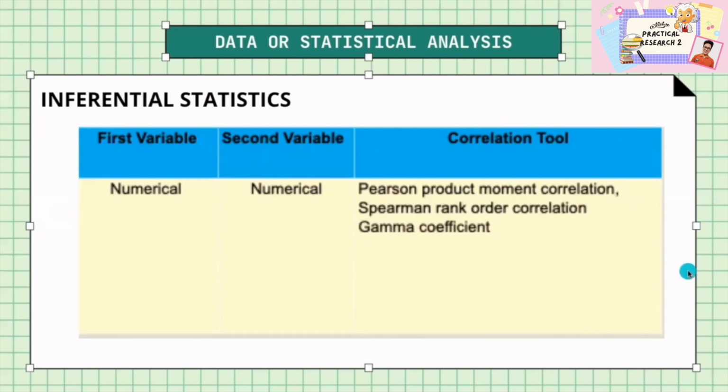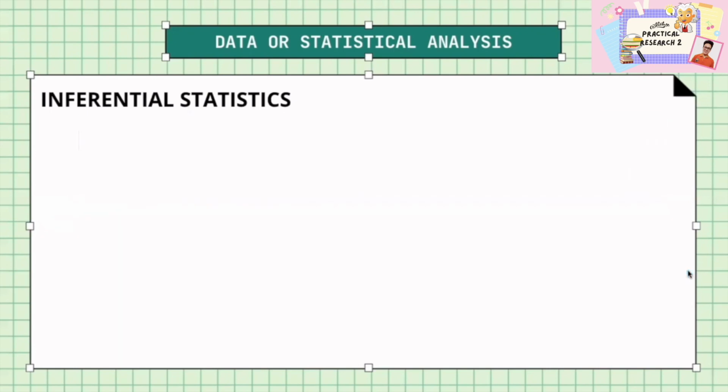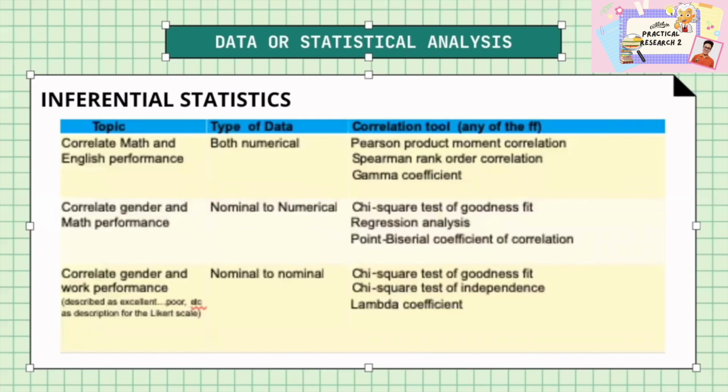For example, my topic is to correlate math and English performance. I'm talking about performance here, and that will be represented by test scores. Therefore, I will have both numerical data, so I will be using Pearson product moment correlation, Spearman rank order correlation, or gamma coefficient.